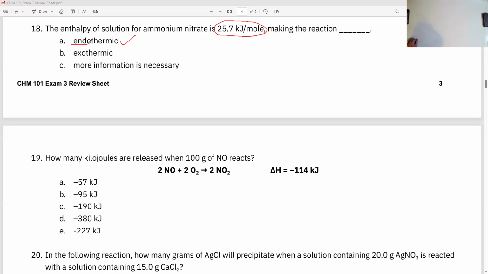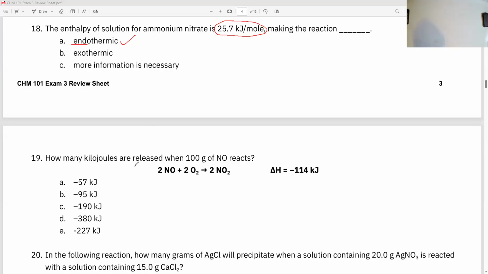Heat's going to be entering your reaction. And your reaction is going to be endothermic. Okay, so a positive delta H, endothermic reaction. If this number was negative, you'd have an exothermic reaction. Okay. All right, let's look at question number 19 next.